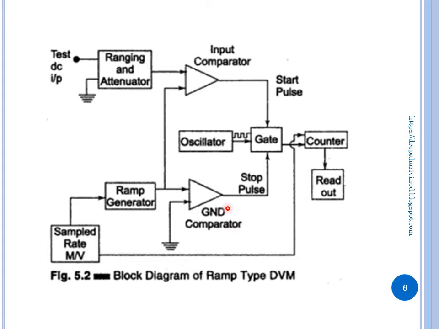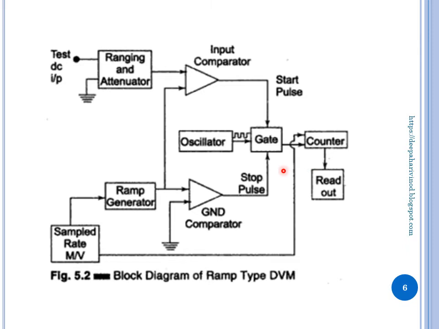When the ramp voltage equals 0 or reaches ground potential, the ground comparator generates a stop pulse. The output pulse from this comparator closes the gate.